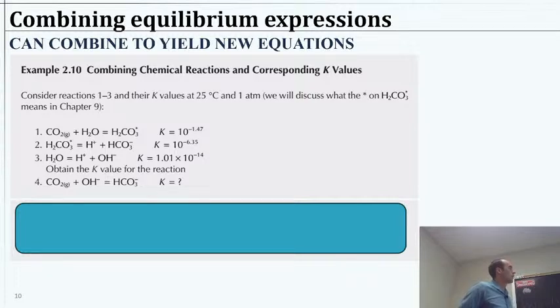And what we want is the K value for the overall reaction of those three together, yielding number 4. So we've got CO2 gas dissolving in water. That's giving us carbonic acid, H2CO3. That's in equilibrium with bicarbonate. And we also have water to consider as well. So give that a couple minutes and see what you think.